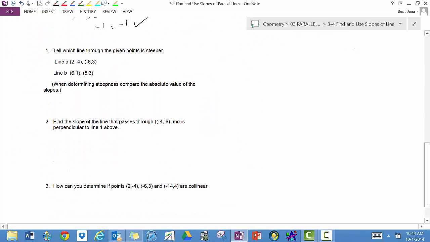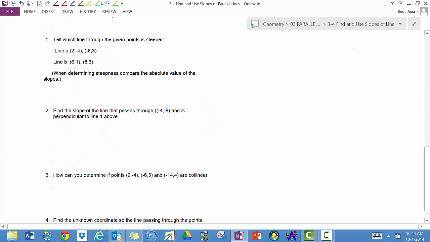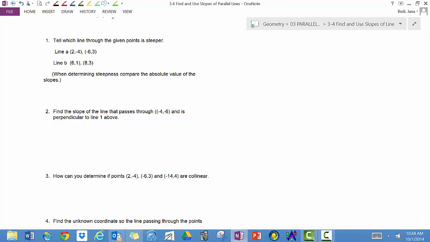Now let's work some examples. If you want to determine which of two lines is steeper, when would that be useful? Let's say you were trying to climb two different mountains, and you would make an assessment.